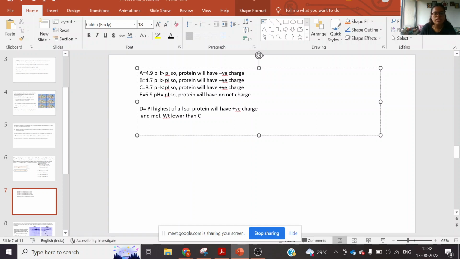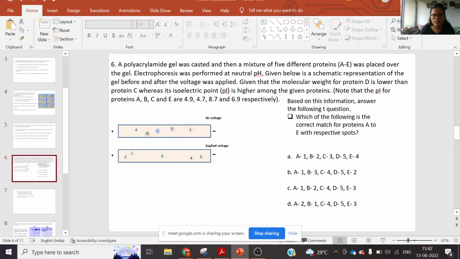So protein E has the same pH as pI, so it will not migrate, as someone said. So it will be somewhere here. Protein E will be this band 3 because pH is equal to pI, so it will not move. It will not have any charge.